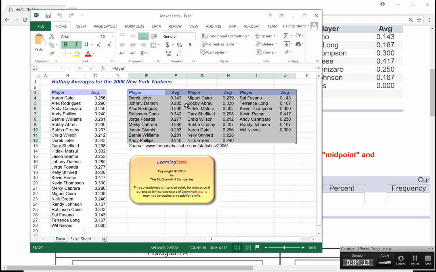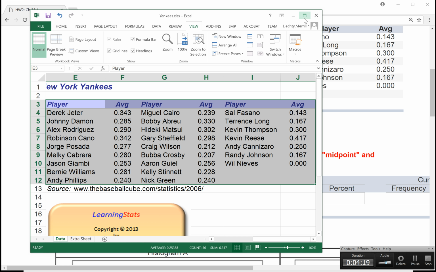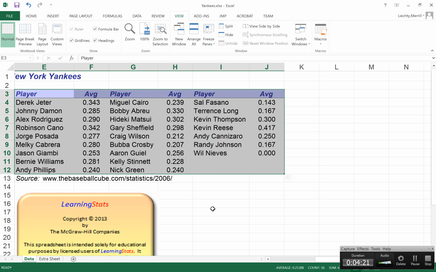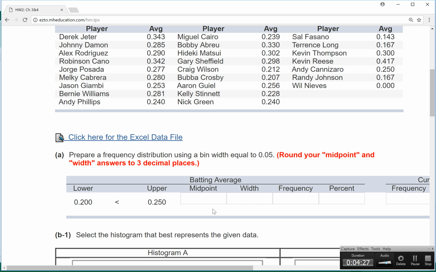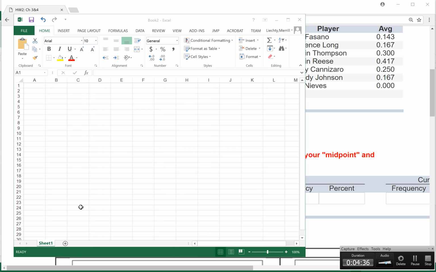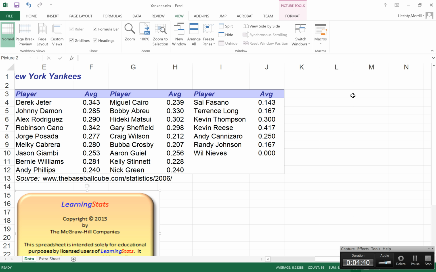Let me make that a little bit bigger. The question says for the values between 0.2 and 0.25, and usually 0.2 is going to be included in that, 0.25 is not going to be included. So we want to come through here and say how many are in between.